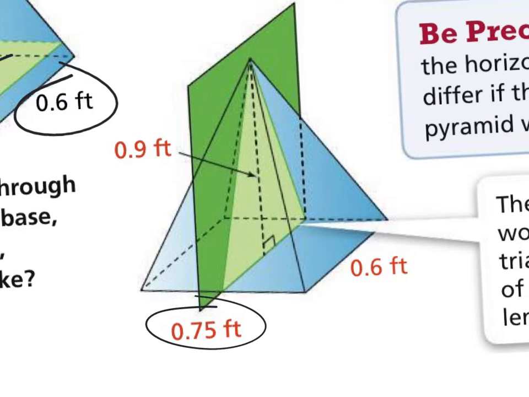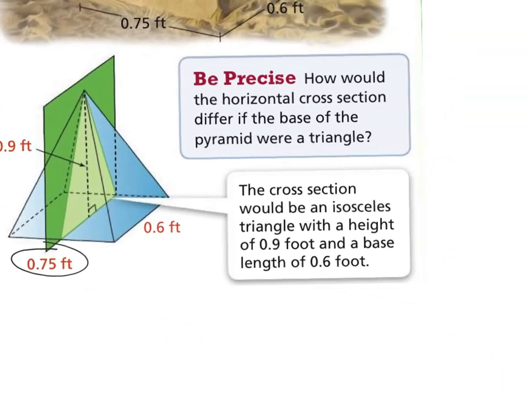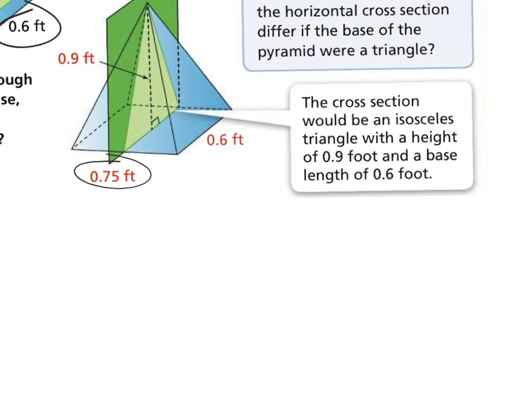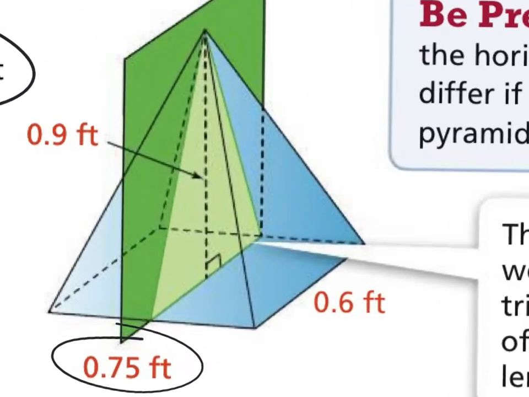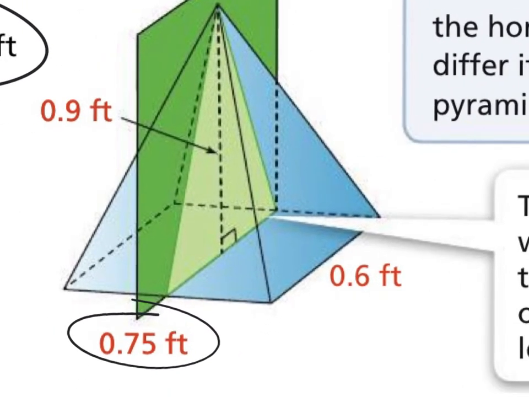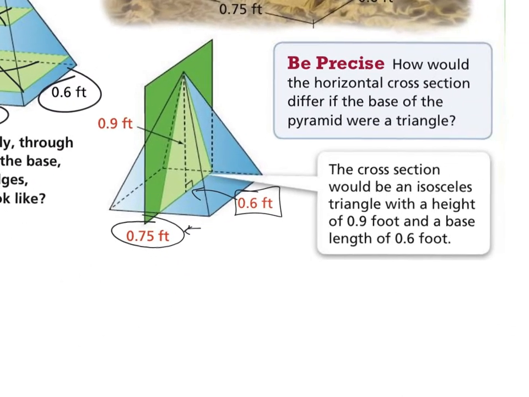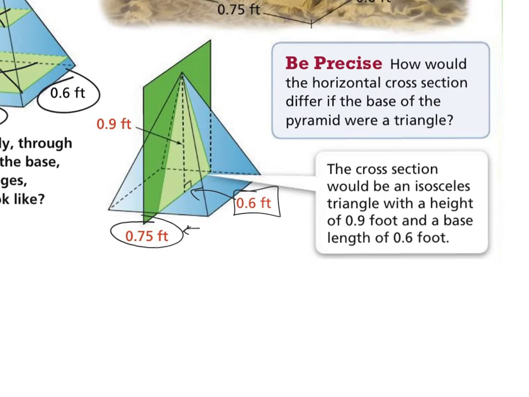If you cut that open and look at it, that's going to end up being a triangle with a base that's 6/10 of a foot. If you imagine it was cut through this side, then when we open it up, it will have this side as the base. And this is going to be an isosceles triangle.